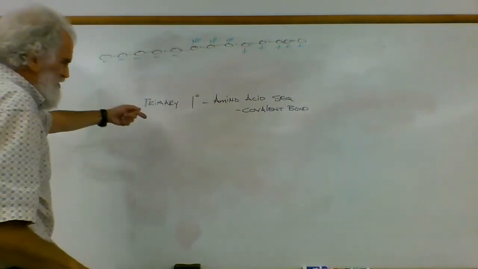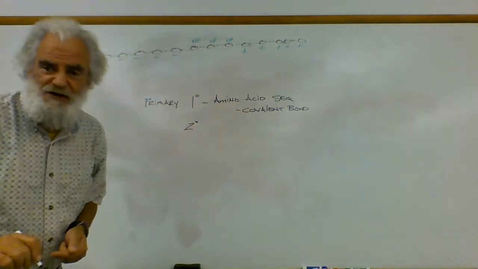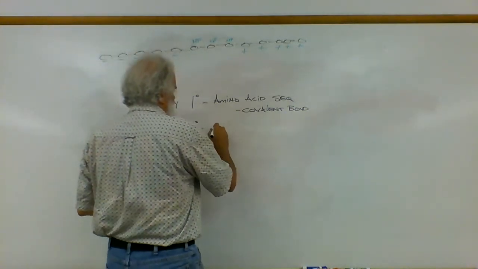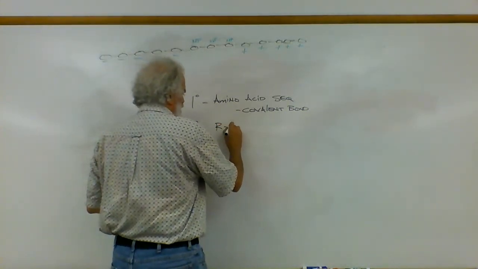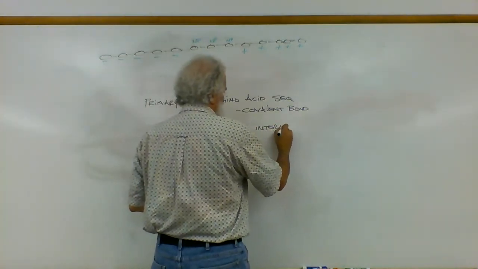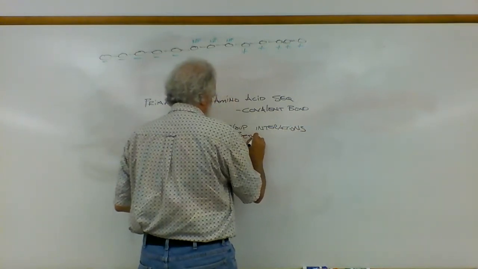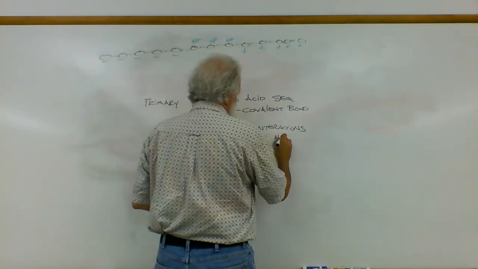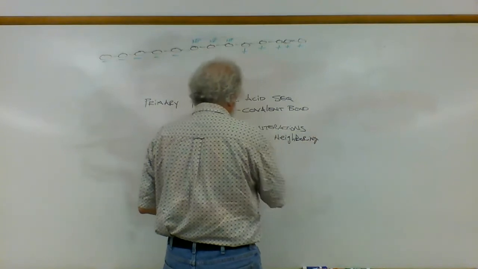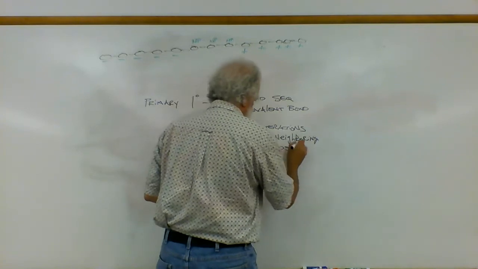Now, the next level is called, not surprisingly, the secondary structure. Secondary structure is defined as the R group interactions between neighboring amino acids. Who are the amino acids in your neighborhood?